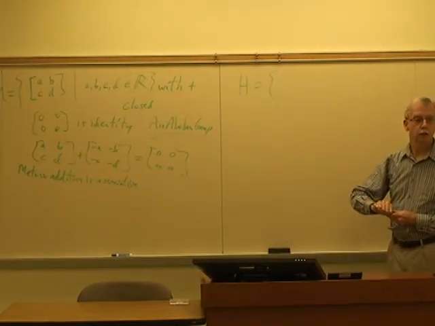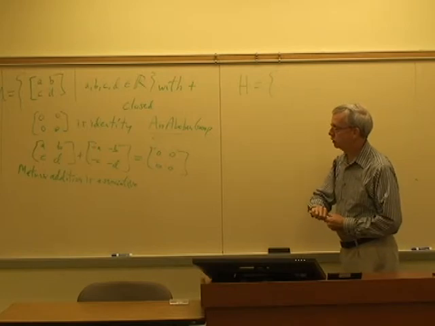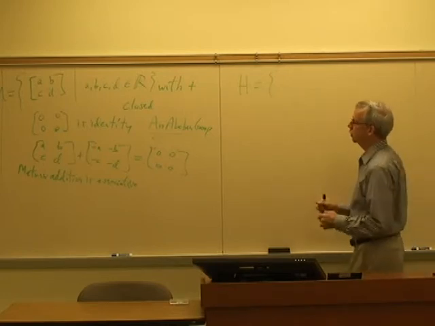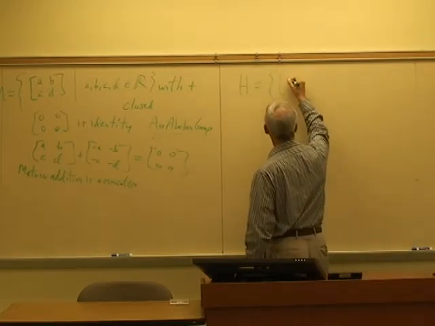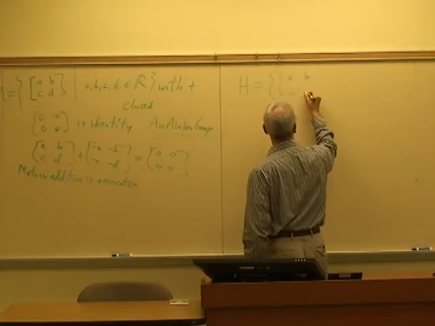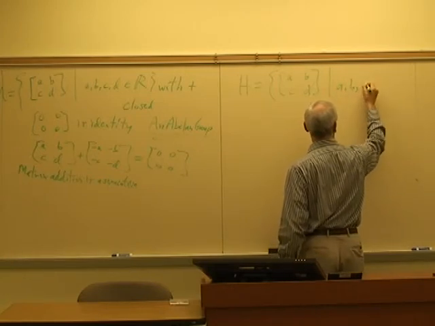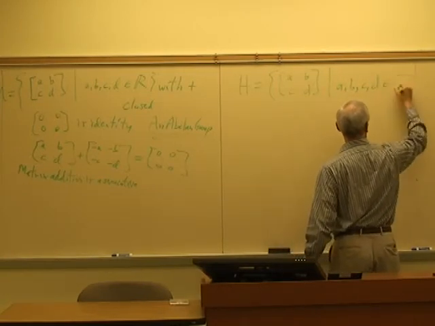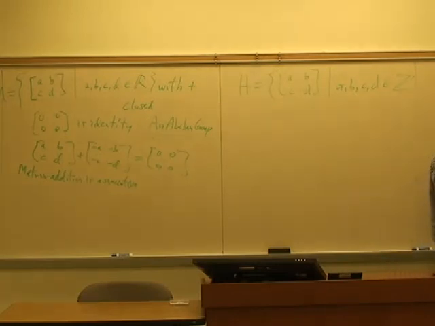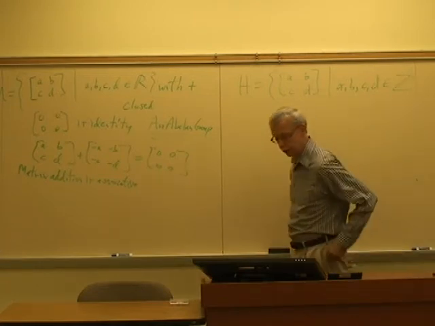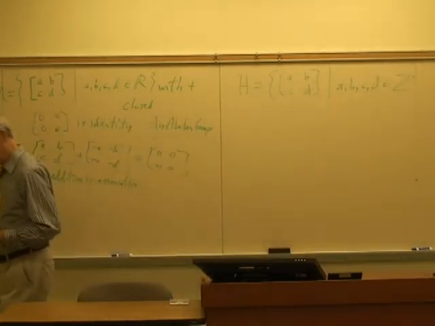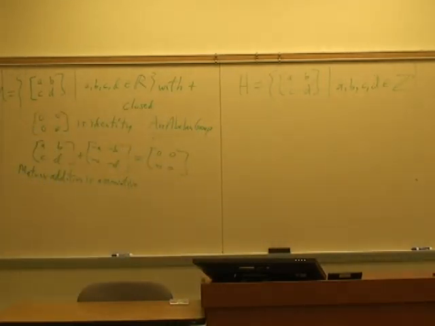Can you just do A, B, C, and D are integers? Ooh, I like that. That's a really nice one. If I add integers, I get integers. 0 is an integer. So it's closed, and associativity is always free in the subgroup. So I get that for free.